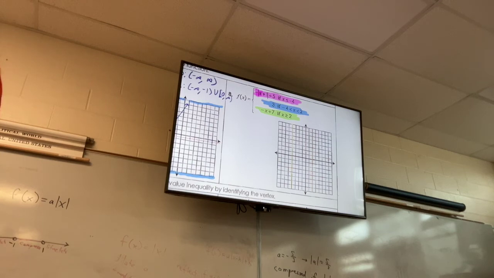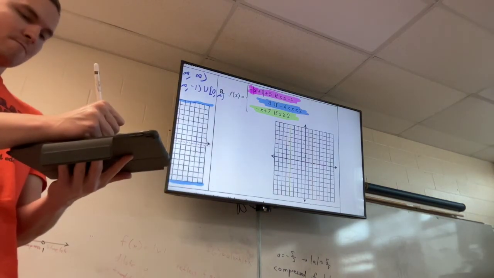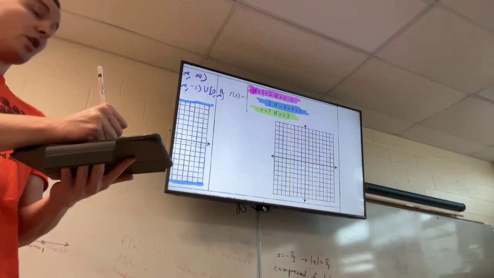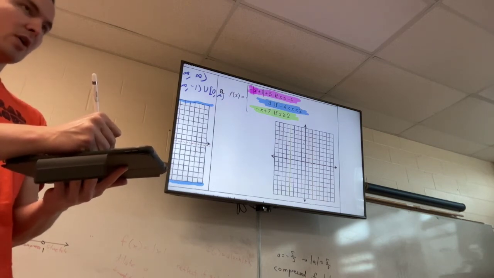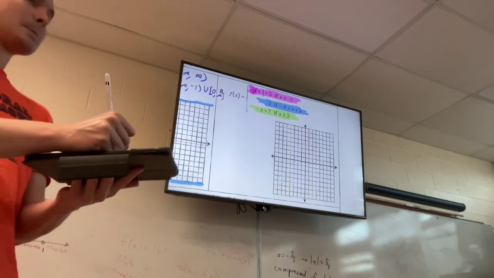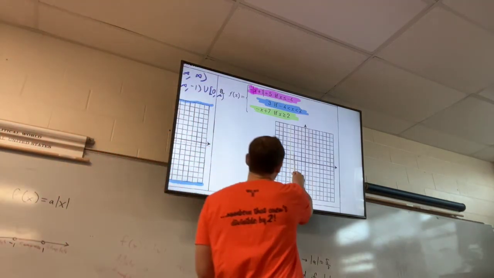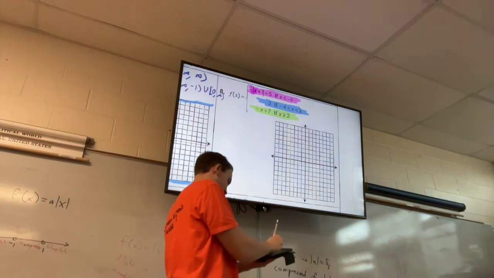Will, where does the pink graph go? When I graph this piecewise function, where does the pink part go? So where on my coordinate axes am I going to graph the pink? To the left, yeah.